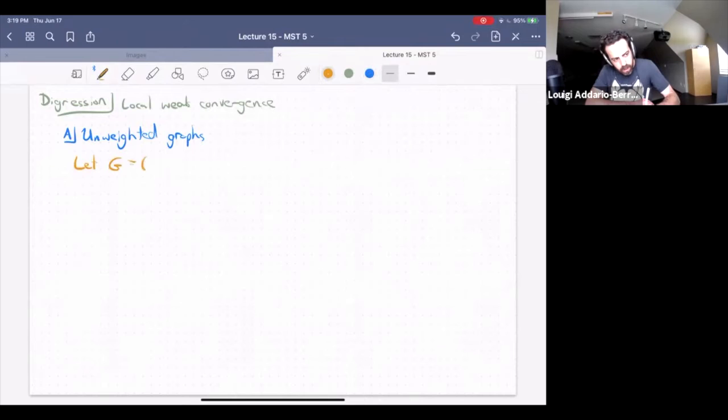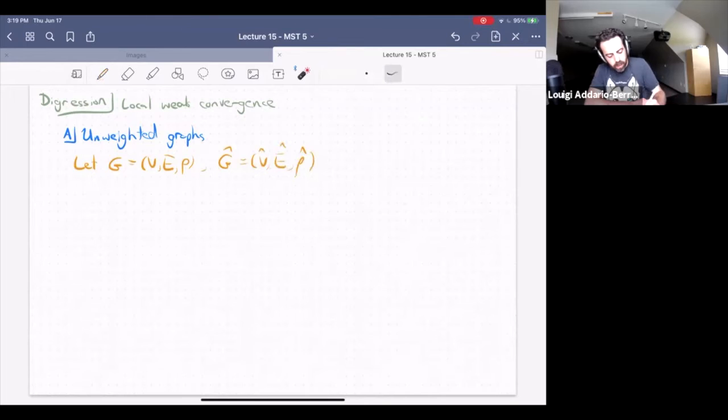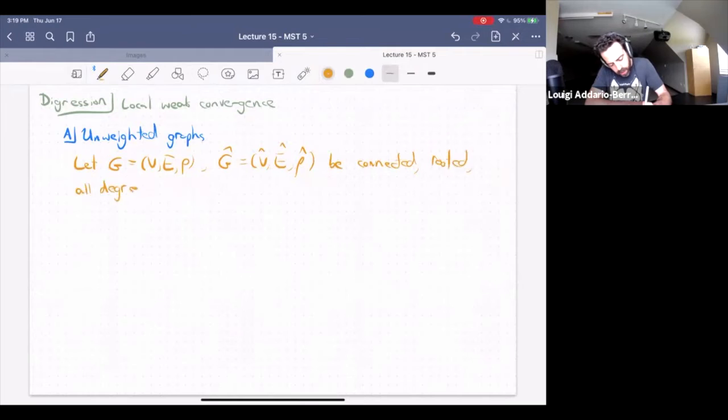If I'm given two rooted graphs, okay, so all the graphs in this section will be rooted because we're interested in the local structure near a point. So the point will always be our root vertex. Okay, so let's start with connected rooted graphs with all degrees finite. So I'm not insisting that they're finite graphs, but the degrees need to be finite. Okay.